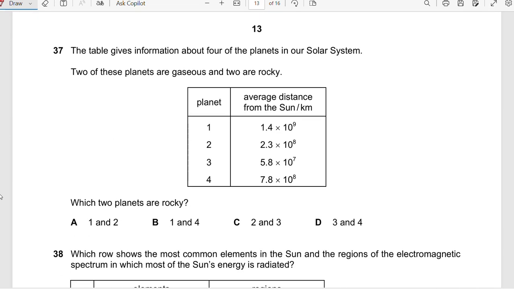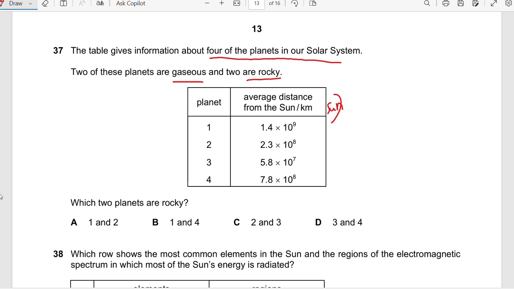Question 37. The table gives information about 4 of the planets in our solar system. 2 of them are gaseous and 2 of them are rocky. Let's remember, we know already that the solar system contains 8 planets. This is the sun.